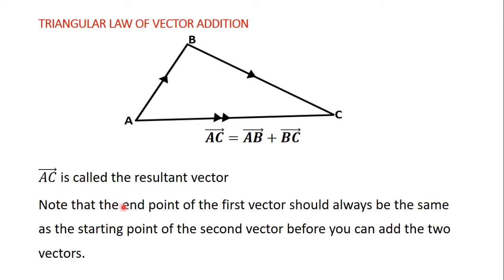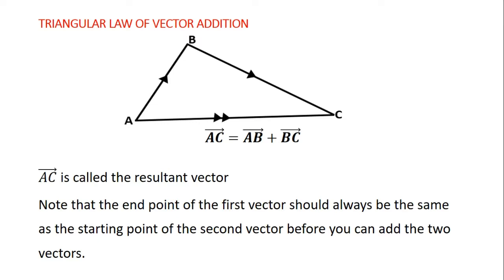Note that the endpoint of the first vector should always be the same as the starting point of the second vector before you can add the two vectors. Now, this is the meaning of this statement. Vector AB is the first vector that the point is referring to.